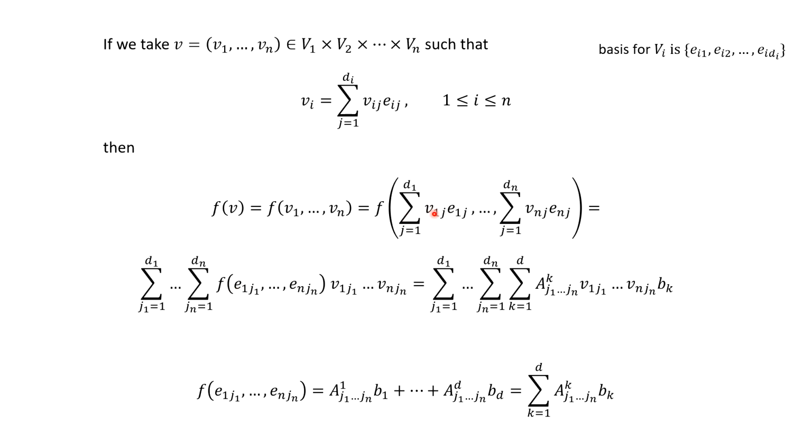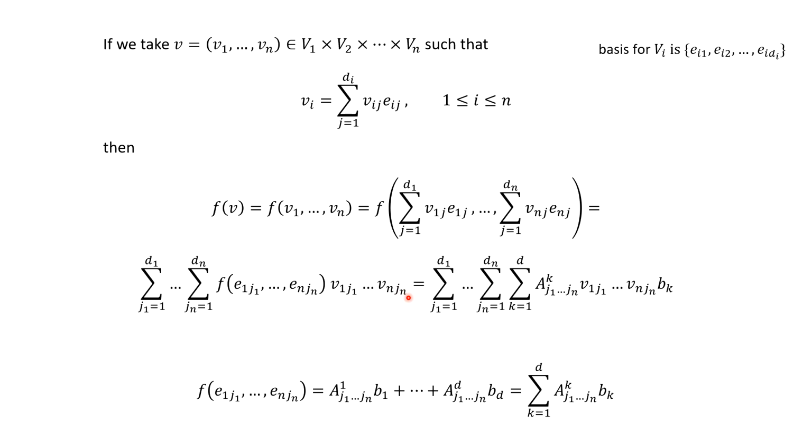So we can write this as this. We've already seen that type of computation on the previous slide. So all the summations come out here. This dot dot dot just means there are n summations. Then we have f of these basis vectors, and then these are just coefficients.